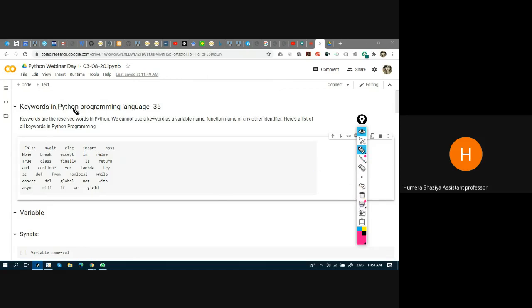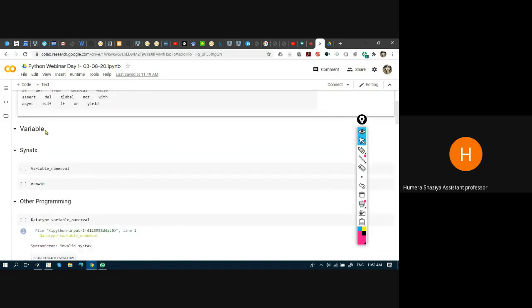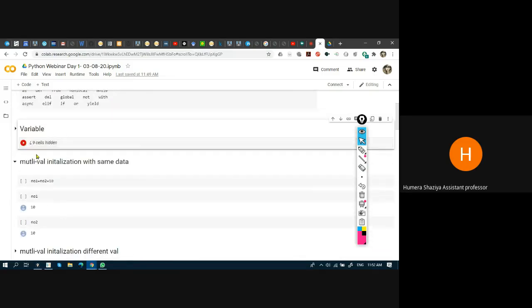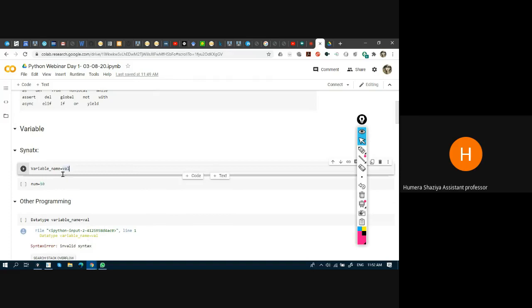Here, this is a markdown cell. This is a code cell. If you select the code cell, this is also part of text cell. Everything here is text cell, markdown cell. Here, this one is the code cell.